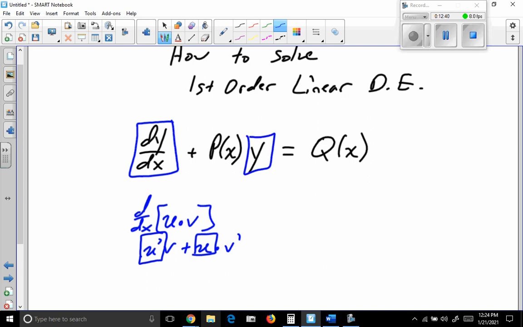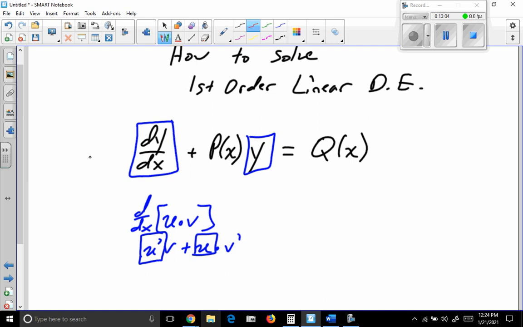So what we want to do is turn this into where the coefficient of dy/dx, which right now there isn't one, is v, and then the coefficient of this term over here is v prime.